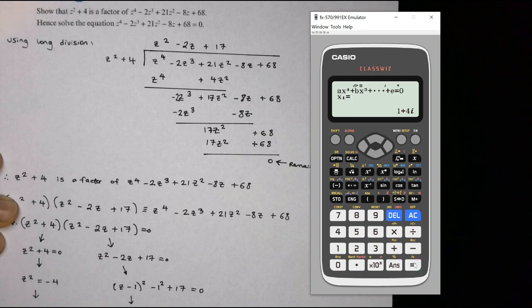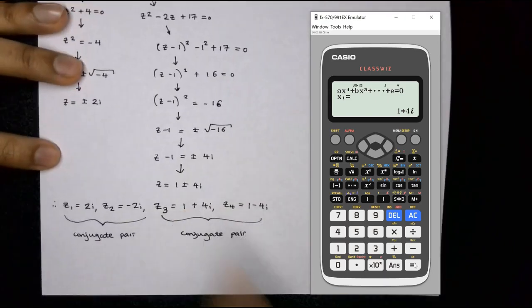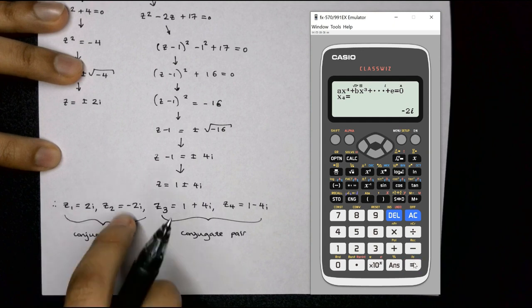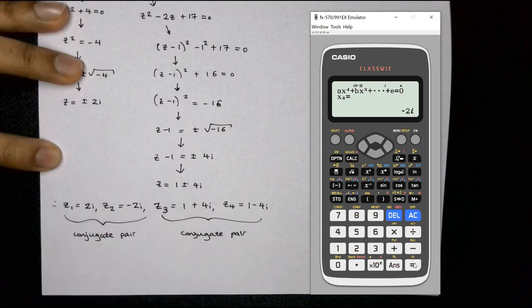It turns out we get 1 plus 4i, which is what we have over here, 1 minus 4i, which is what we have over here, 2i, which is what we have over here, minus 2i, which is what we have over here. So we can use our calculator to check our answers.